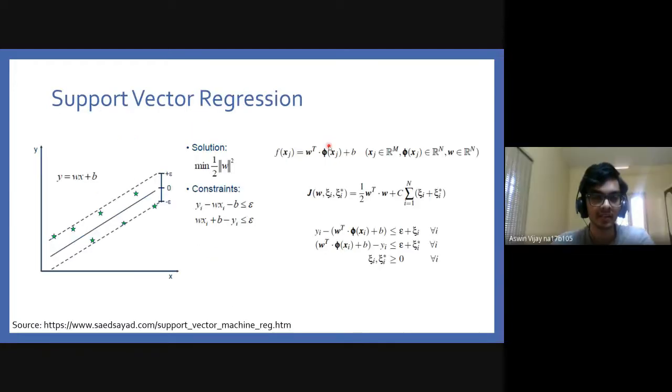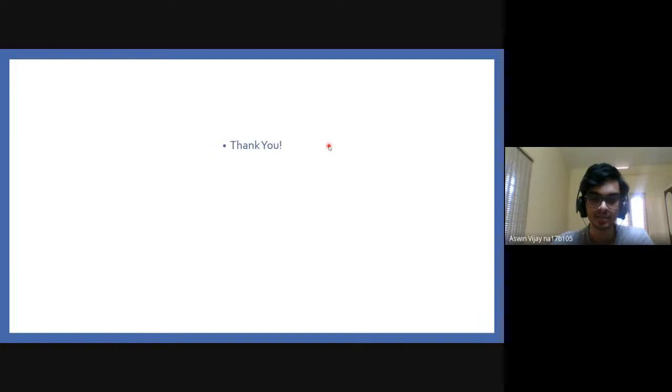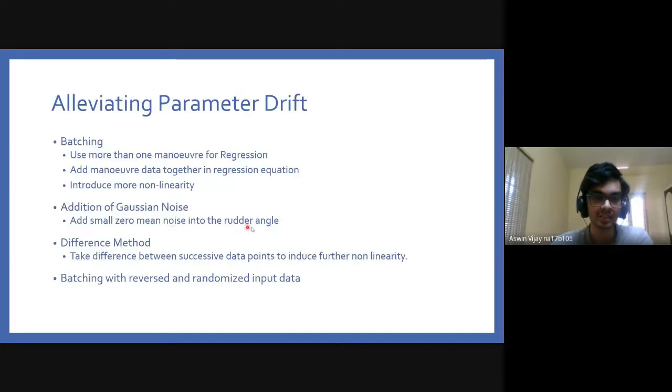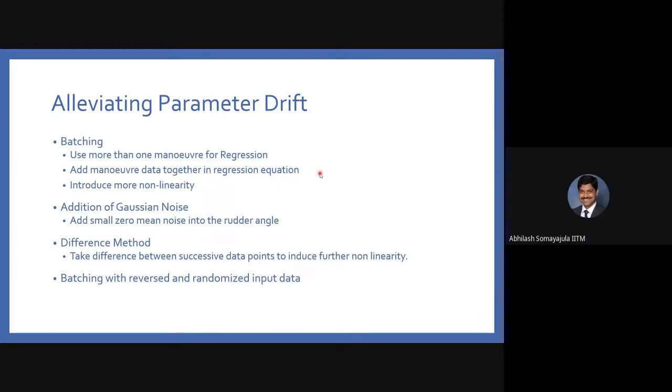From what I have tried, the best one is still batching. And Gaussian noise, I'm not sure if it's doing much. Batching seems to be working, but patching will not work as well. That makes sense to me, because let's say you have a turning circle maneuver in which R is not so important, but beta is more important.